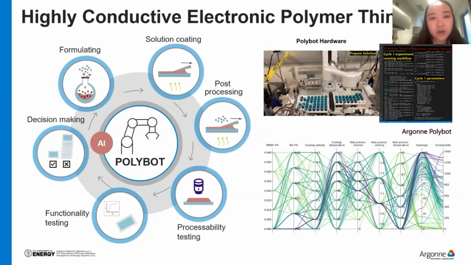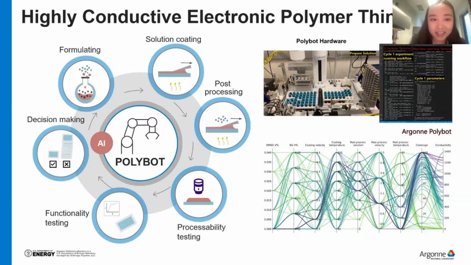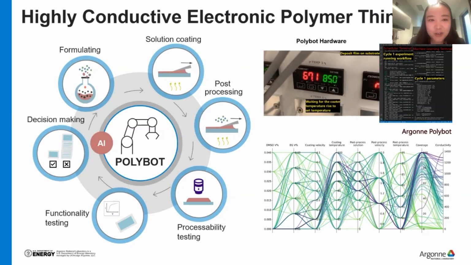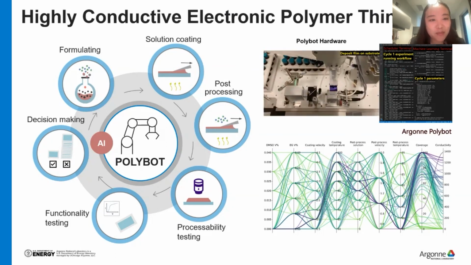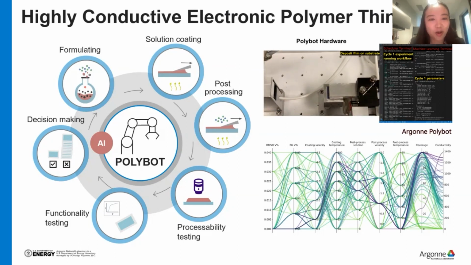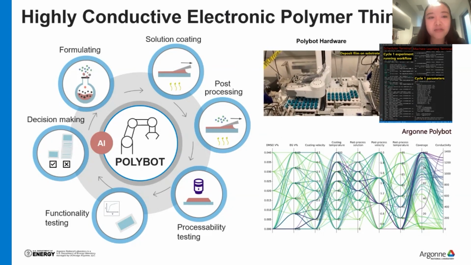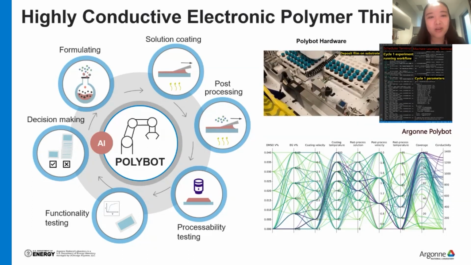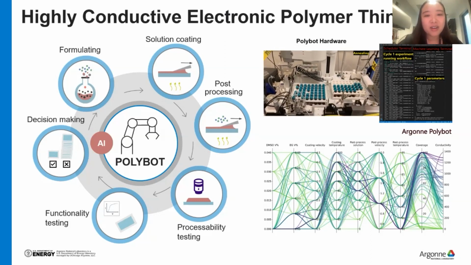For this study, we want to print a conductive polymer thin film with high conductivity and also uniformity. But there are 8 formulation and processing parameters that we hypothesize will influence the properties. The entire exploration space is over 500,000. This will take decades, or is probably impossible for a student or researcher to screen all.